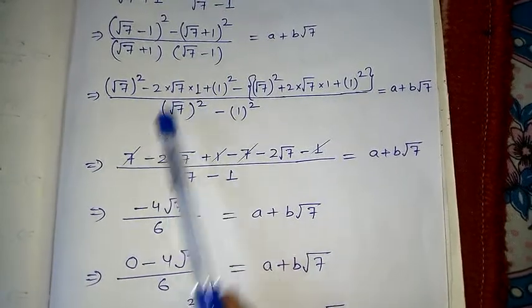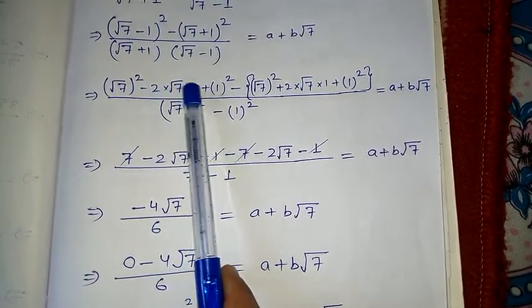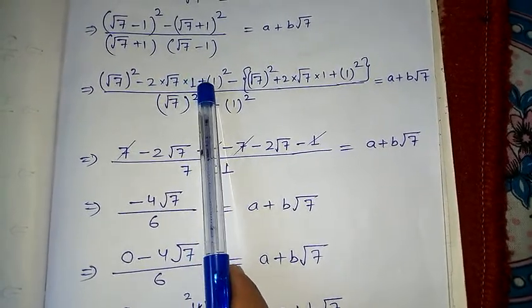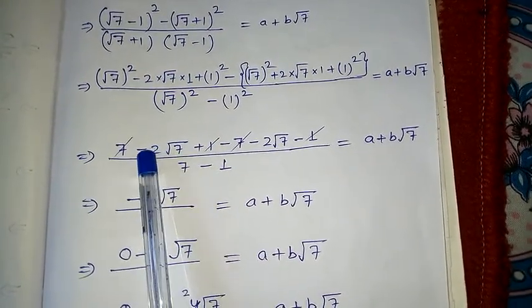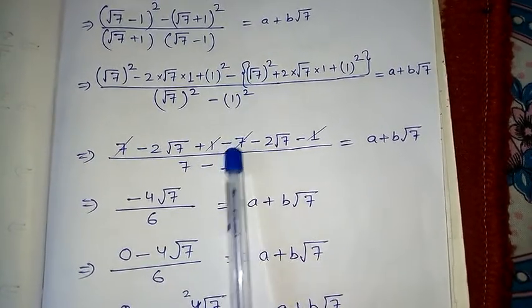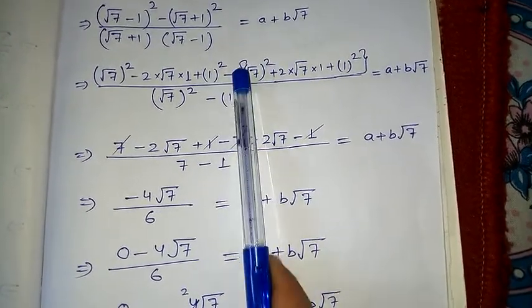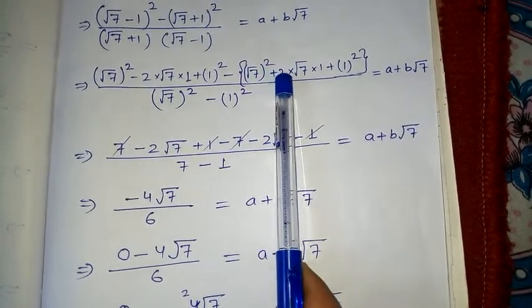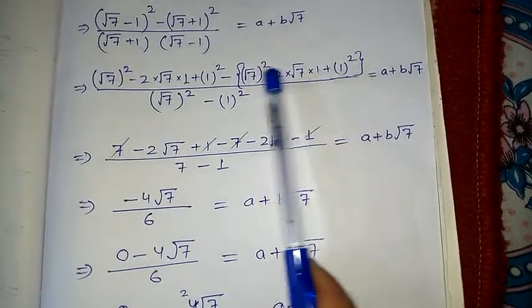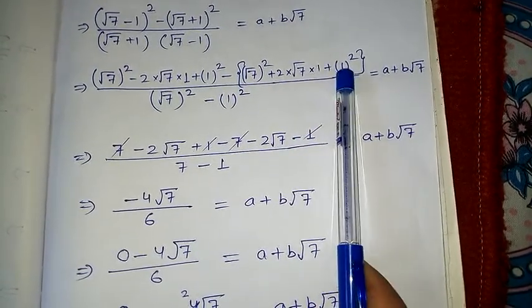Now root 7 square is 7, 2 into 1, 2 root 7, minus 2 root 7, plus 1 square is 1. Here minus into plus, minus root 7 square is 7, minus into plus is minus, minus 2 into 1, 2 root 7, minus 2 root 7, minus into plus, minus 1 square is 1.